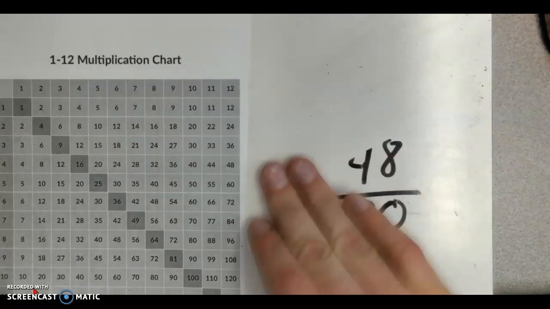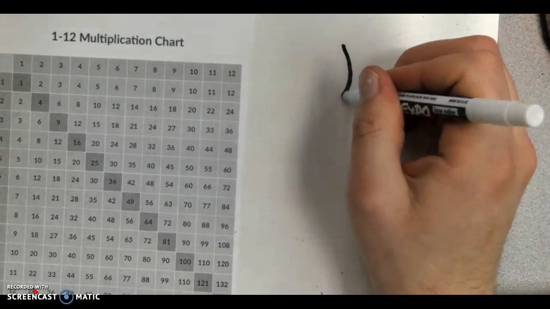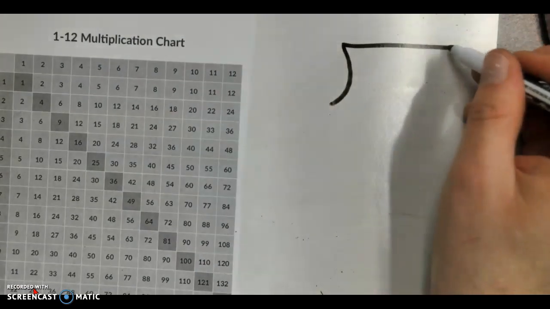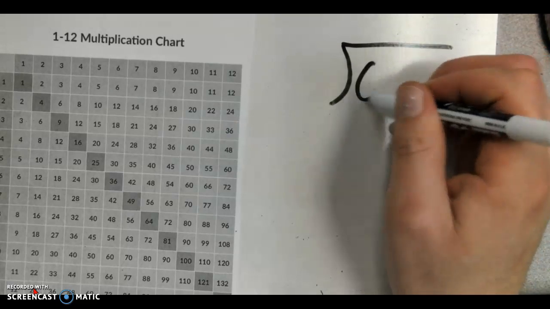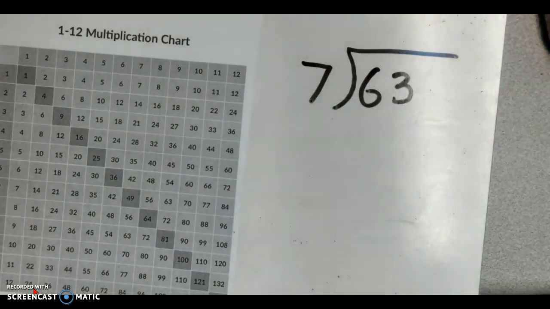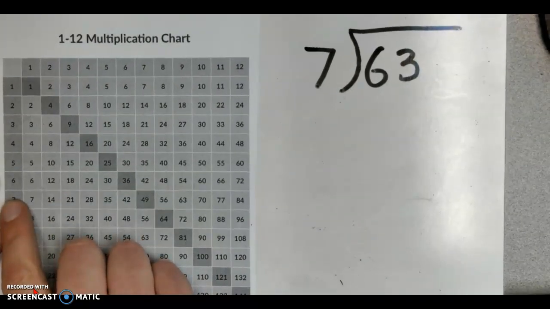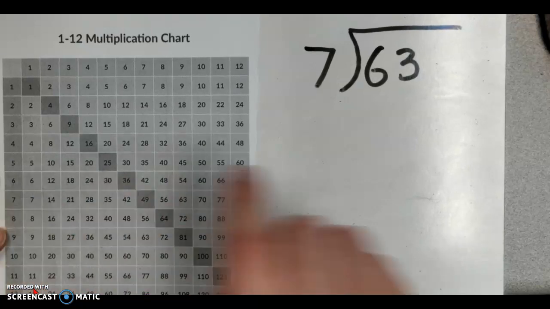Let's try one that's a little harder. Let's see if you can do this on your own. Let's take 63 divided by 7. So put your finger on the 7 and see if you can find where it goes into 63.